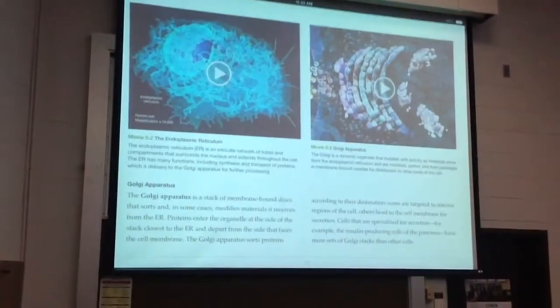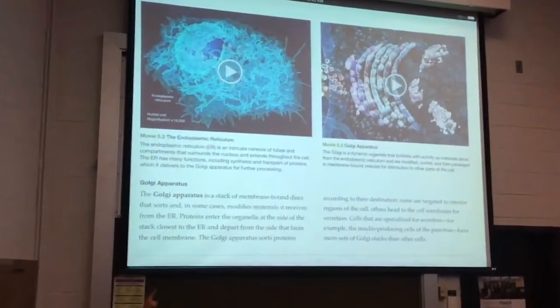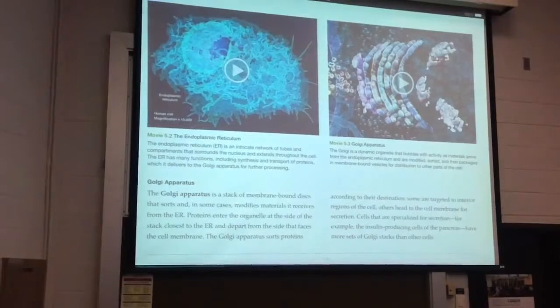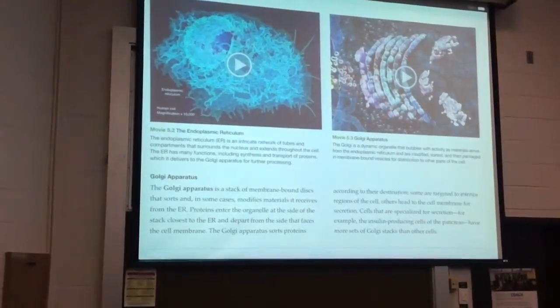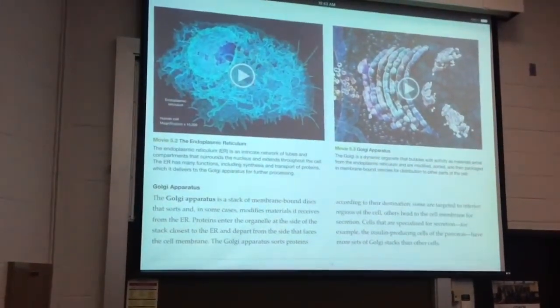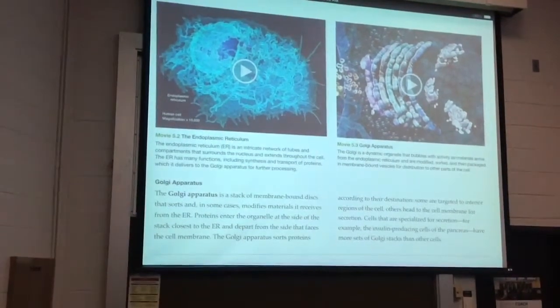For example, this one here, we talk about the Golgi apparatus, which is on the left. In lecture, I was trying to explain what this structure is, because it's a dynamic structure.